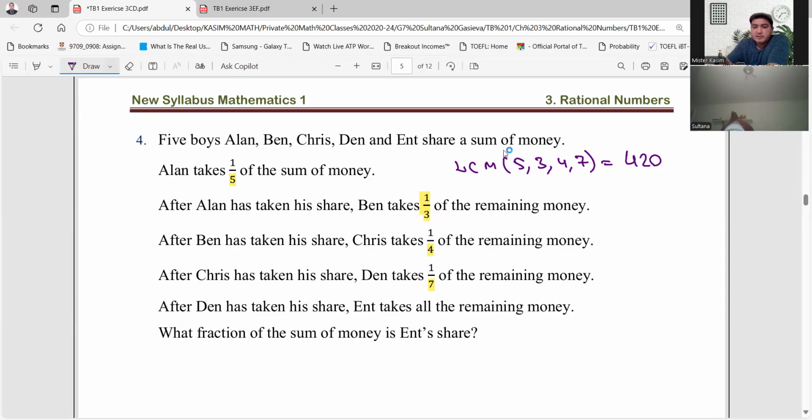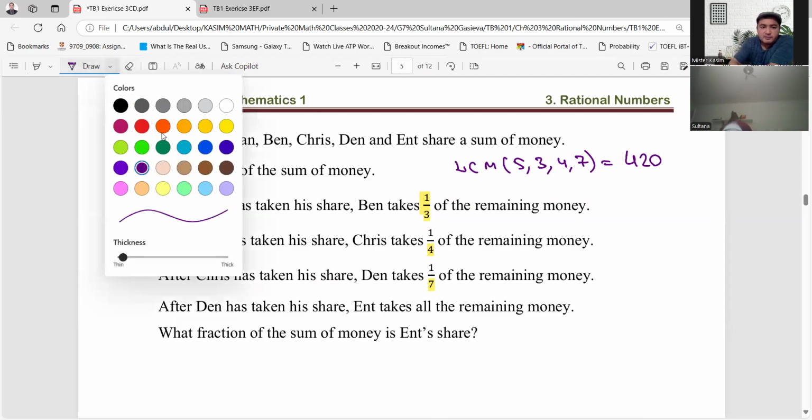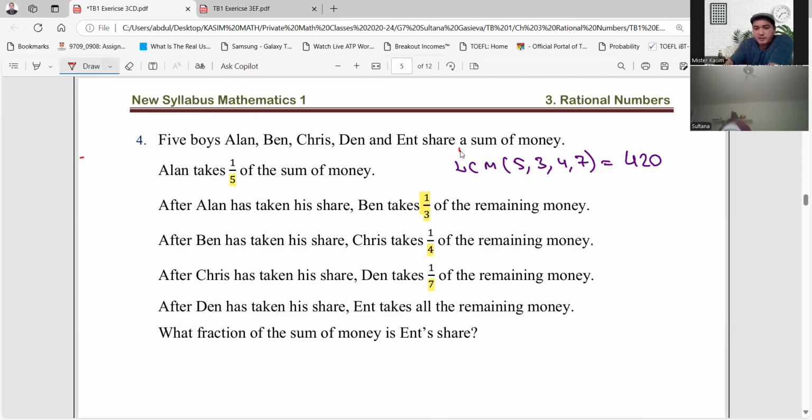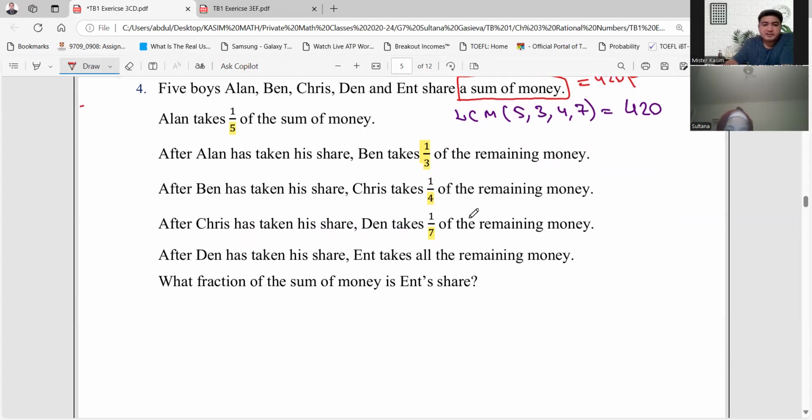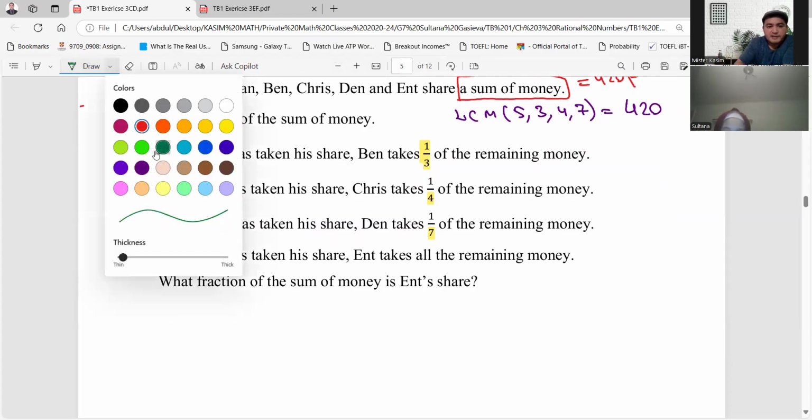Okay? So now suppose that, Sultana, this sum of money, I don't know how much it is. Suppose that the sum of money is equal to 420p. All right. Okay, now let's start. It says that first Alan, right?